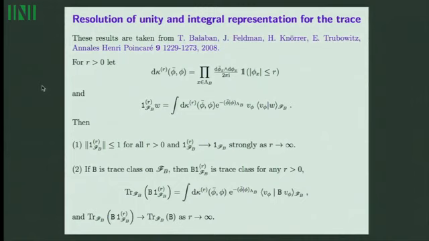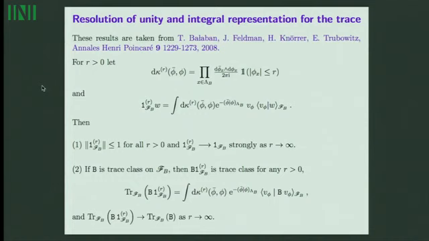If you omit for a moment the index r here, this looks like the standard formula that you would write down as a resolution of identity, which you find in physics textbooks, except that this formula is divergent because one integrates something of norm 1.